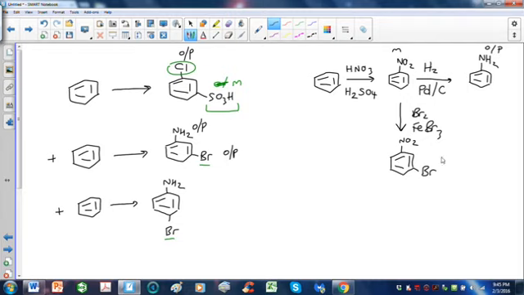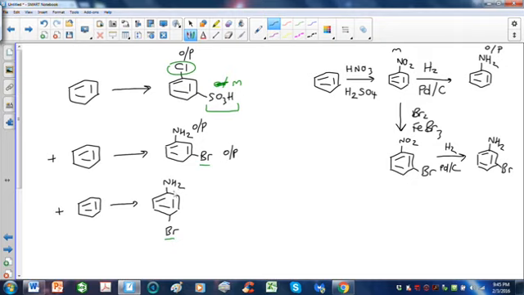And then after I've done that, all I do is the reduction reaction that we did here to reduce the NO2 group to an NH2 and keep the bromine where it was. That's how we can put the bromine and the amino meta to each other.